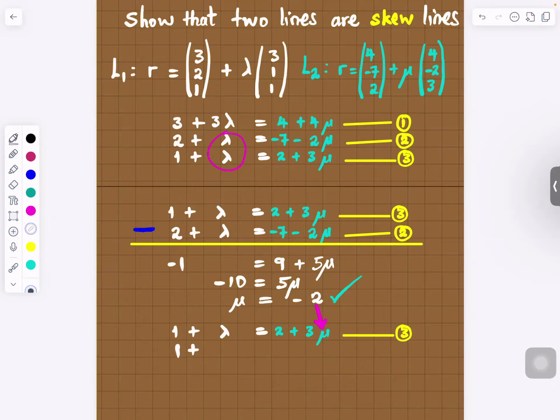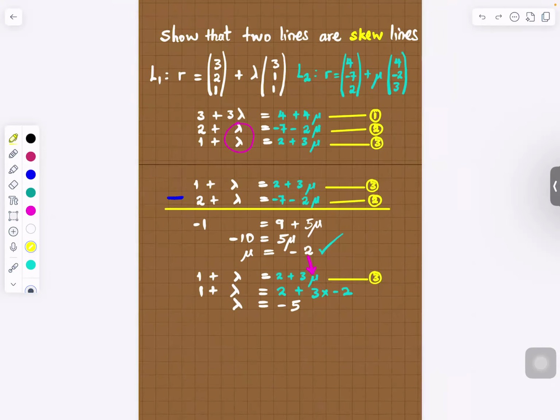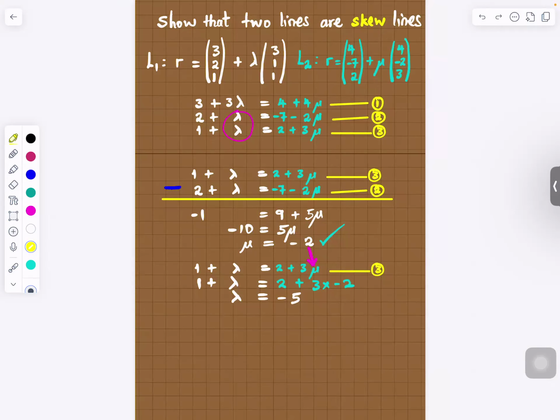So 1 plus lambda is equal to 2 plus 3 times minus 2. And minus 6. So 2 minus 6 is minus 4. So you work that out. Lambda should be minus 5.